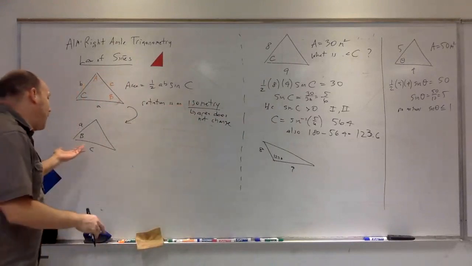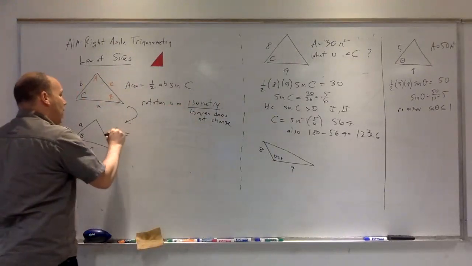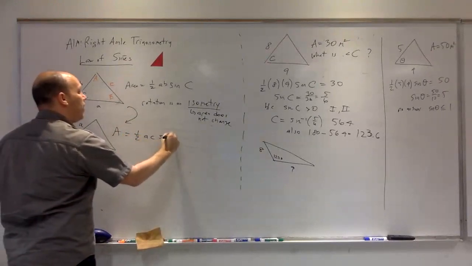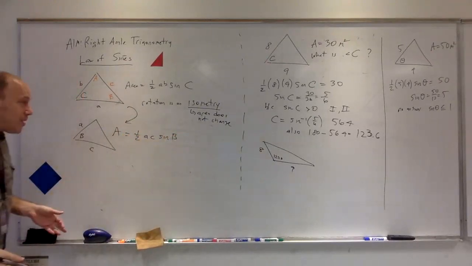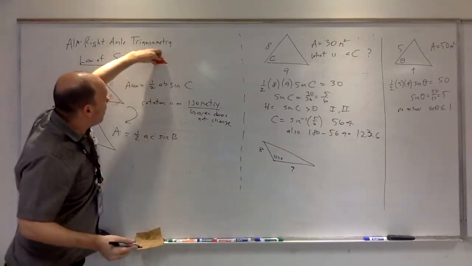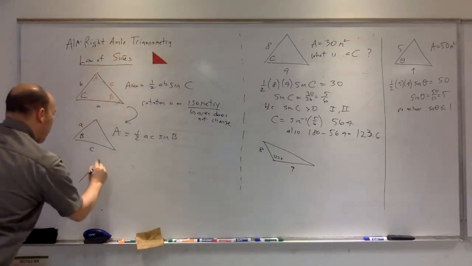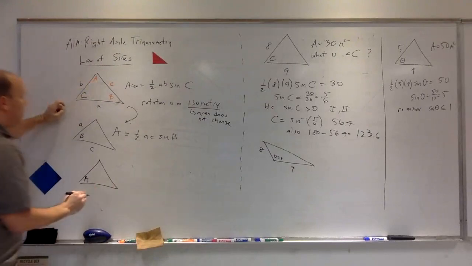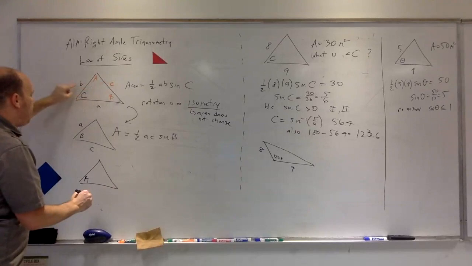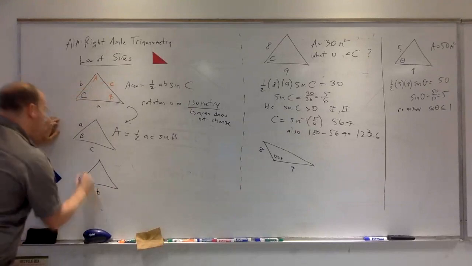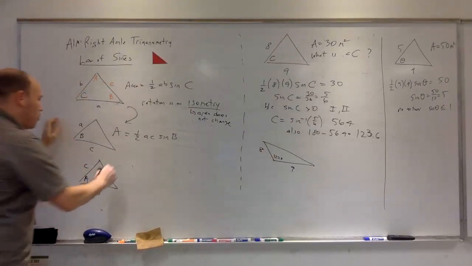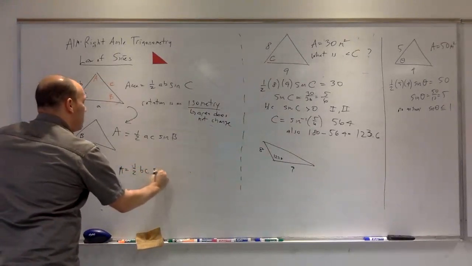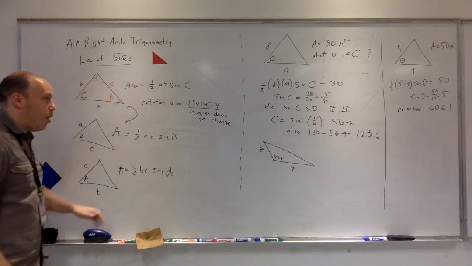So technically, the area now is also 1/2 AC sine B. And I could rotate this triangle again. And now A is in the corner, B is in the base, and C is on the side. And so the area of this triangle is 1/2 BC sine of A.